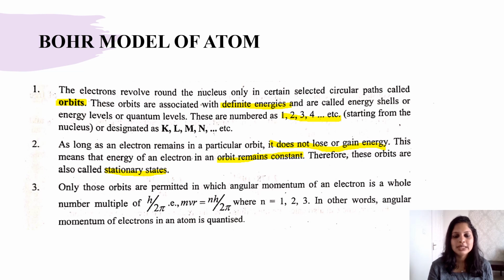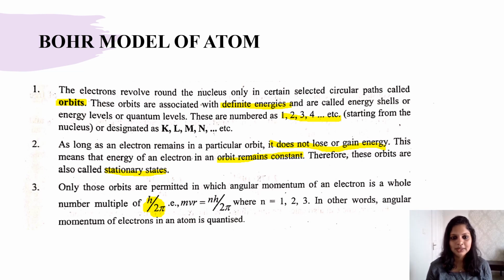And only those orbits are permitted in which the angular momentum of an electron is a whole number multiple of h by 2 pi. This factor is very important. Your electrons move around the nucleus in these particular orbits using this angular momentum, a whole number multiple of h by 2 pi.